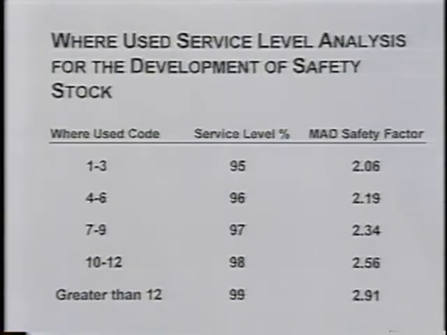Now, you'll notice that we start off with a where-use code in a range of 1 to 3. Then we move 4 to 6 and 7 to 9 and 10 to 12 and then greater than 12. This is a byproduct of working with companies like yourself that have instituted the planning in the unplanned function.